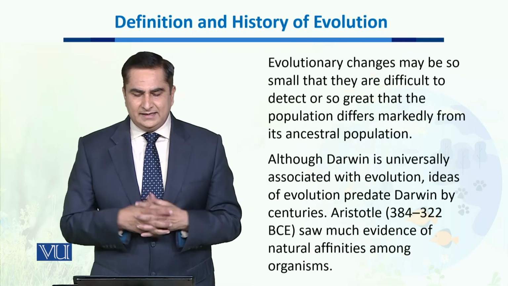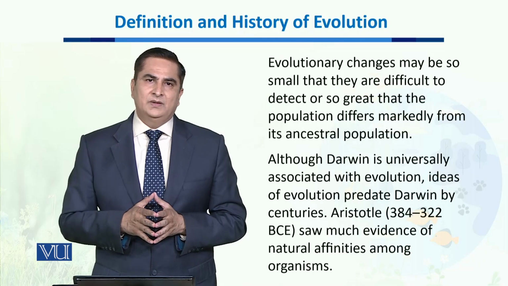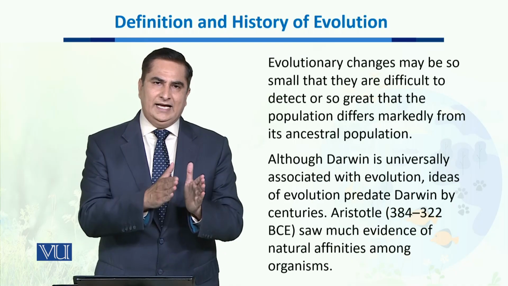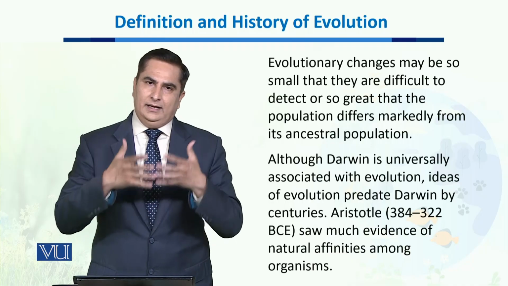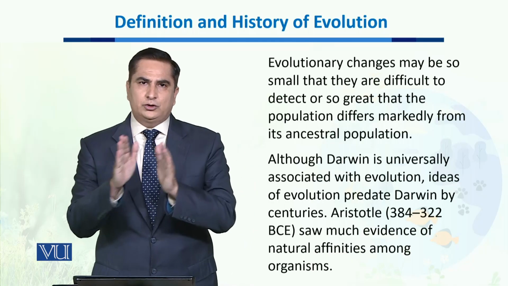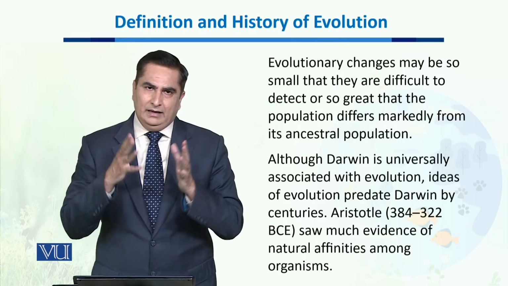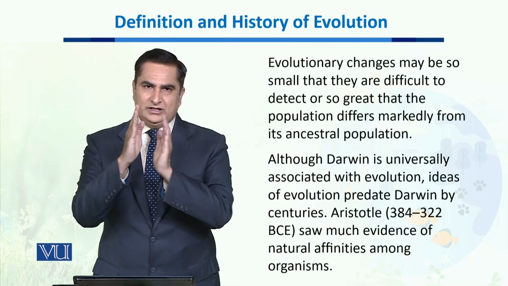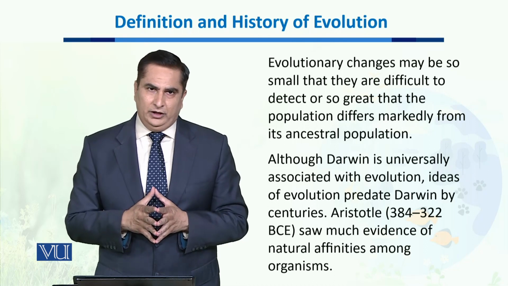Now, these evolutionary changes could be very small, and normally they are very small, and it is very difficult to detect them in a span of a few years in a normal lifetime, or they could be so different in a population that you will see a population which looks very different from the ancestral populations.